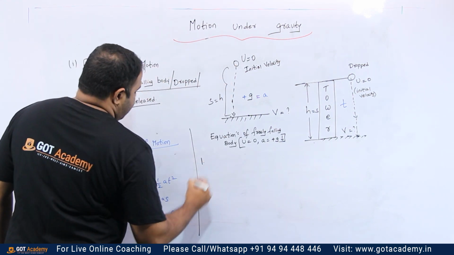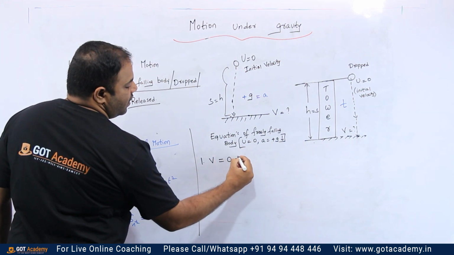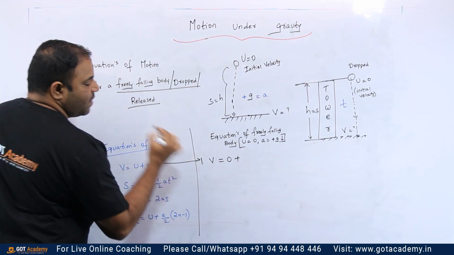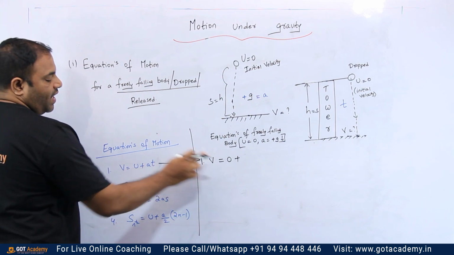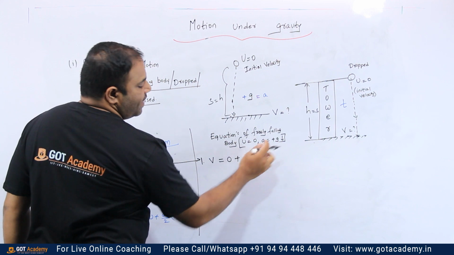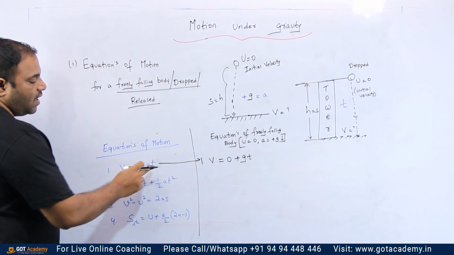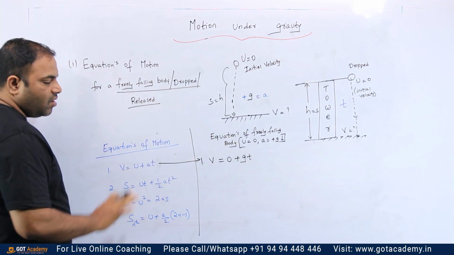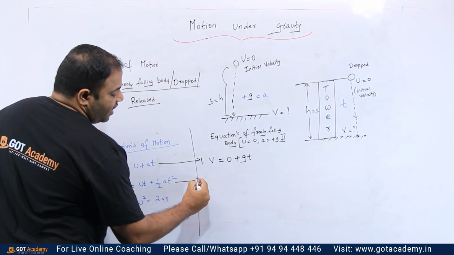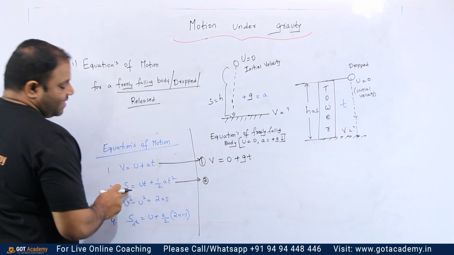So from there, equation 1 can be written as v is equal to, since u is 0, 0 plus at. Just observe these two equations, my dear. In place of u, I have written 0, and in place of a, I have g, and in place of time, I write t only, no change. Now coming to the second equation, s is the distance.